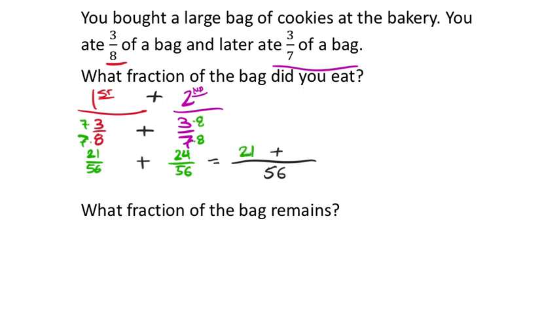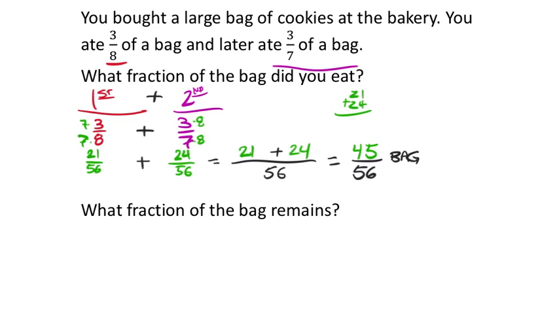That's 21 plus 24. So again, this will tell us how many 56ths of the bag we've eaten. So maybe there's 56 cookies in the beginning, I don't know. But in any case, we got 21 plus 24, which is 1 plus 4 is 5, 2 plus 2 is 4. 45/56, and again, just as my label, I'll just put bag.